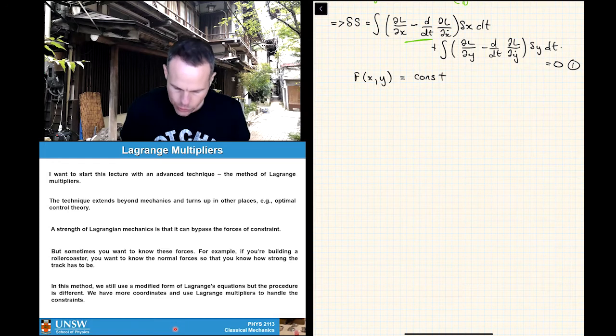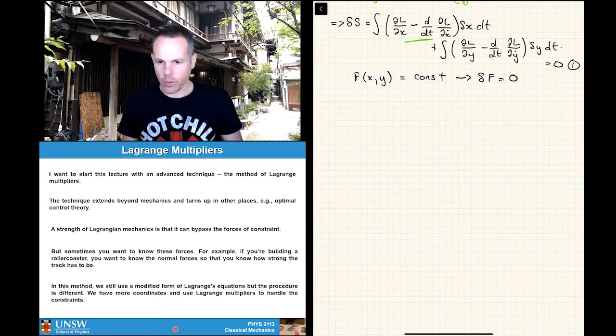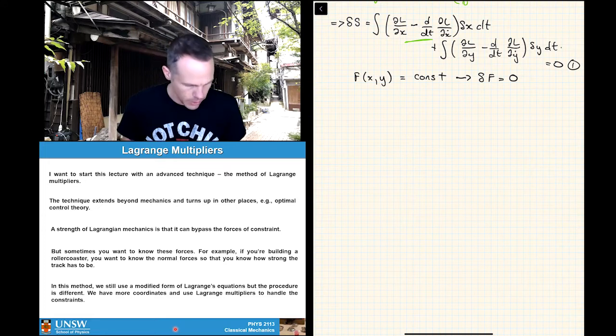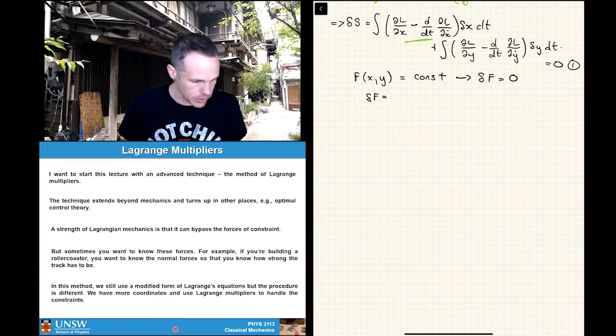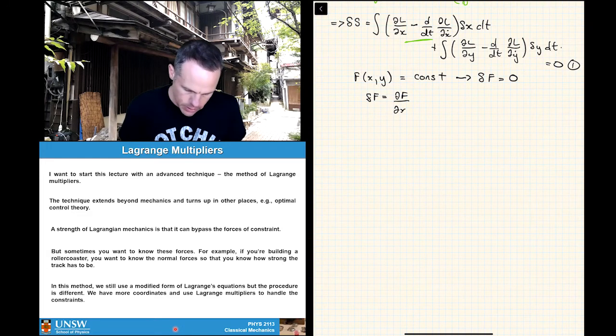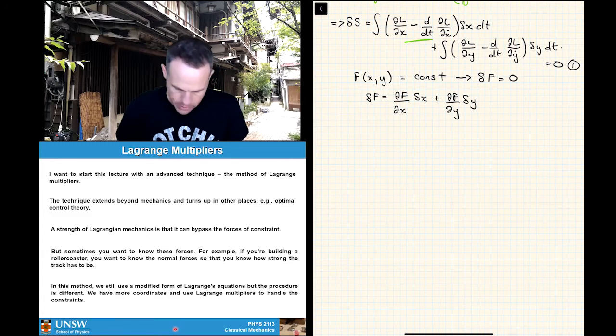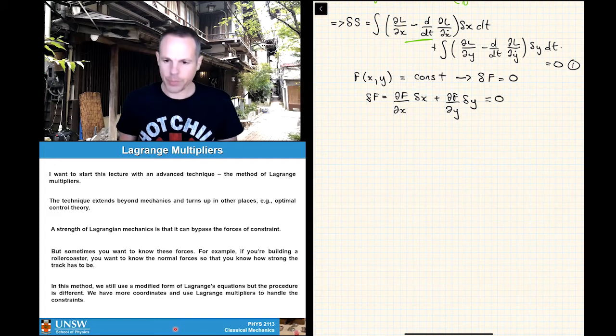And if that's true, then delta f has to be equal to 0, because otherwise f is not going to be constant. And we can write delta f, from a calculus perspective, as a change in f with respect to x, delta x, plus df/dy delta y. And of course, this thing is equal to 0.